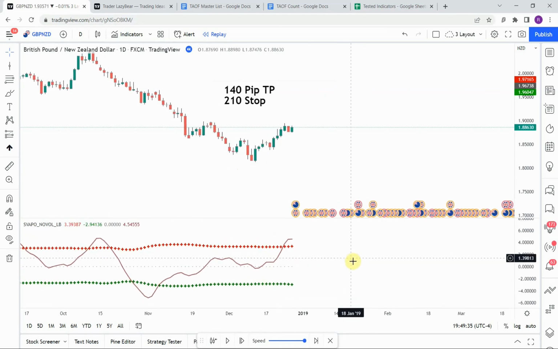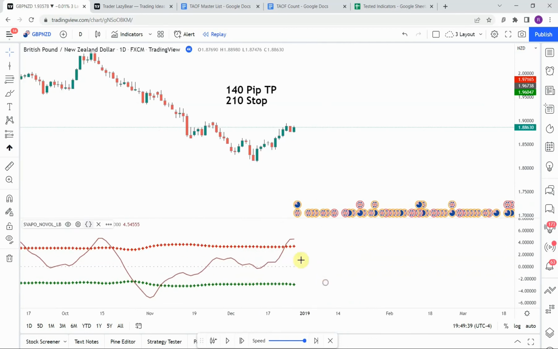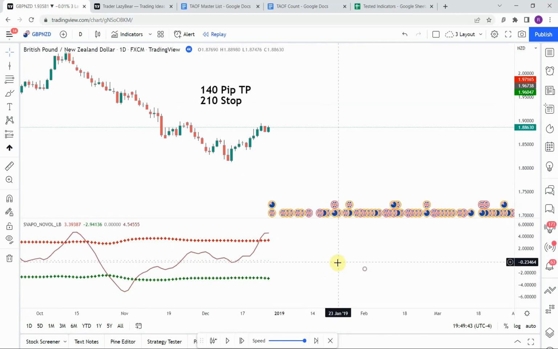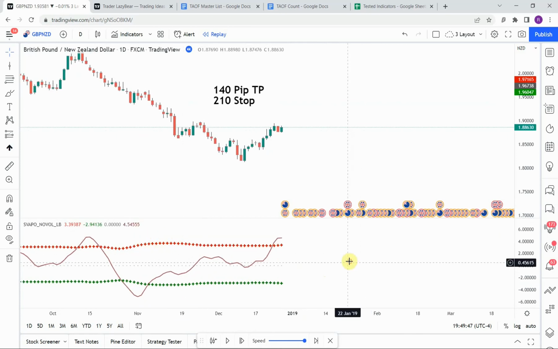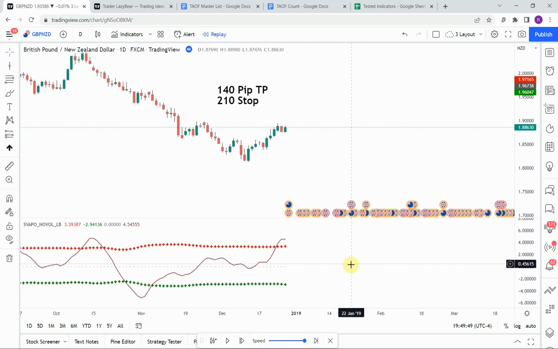Something like that. So we have the oscillating line here, and we have the two upper and lower bands. They are basically signifying overbought and oversold type zones.